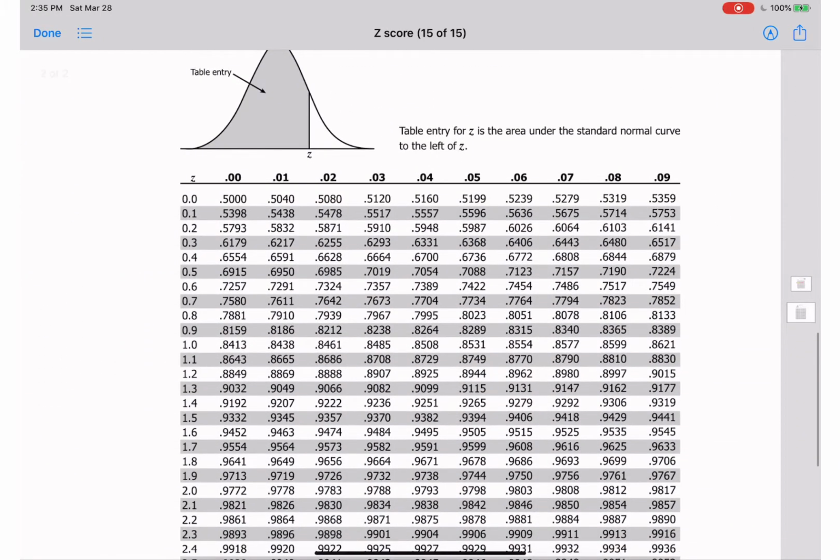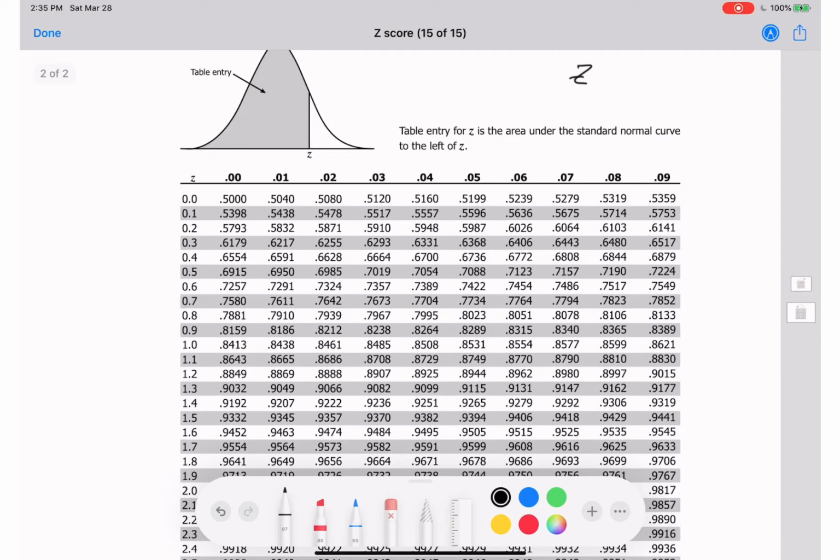Okay, let me take another one. Let's say we want to find the z-score with the value 0.9. What are we going to do in this case? We're going to take 0.9, here it is, and because in our case it's only 0.9, the second number is also going to be 0, right?